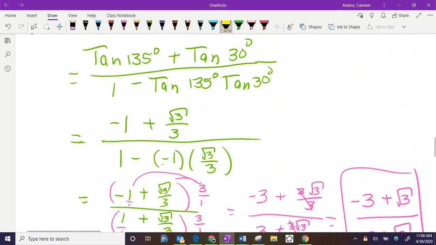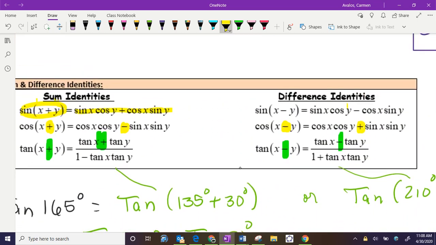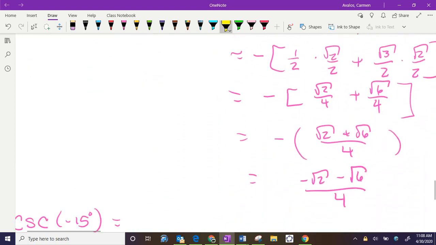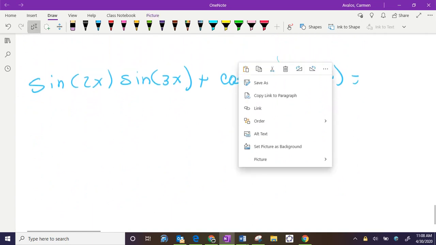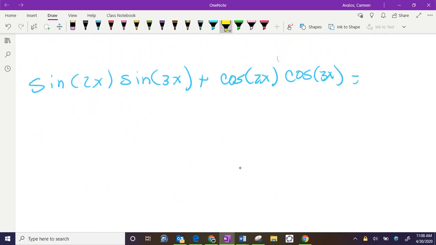So I want to go back over here and look at that. So see how it's cosine, cosine, sine, sine, and it's being added. So if it's added, we know it's going to be the opposite. So what this one actually becomes, because they're being added and cosine is always the opposite, is the cosine of 2x minus 3x, because that's the second angle in which it's written on there.